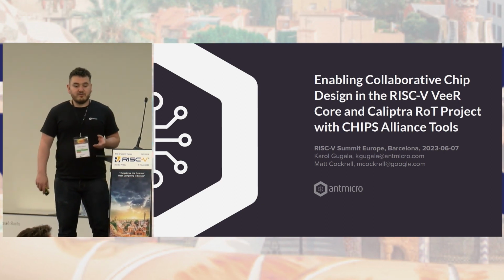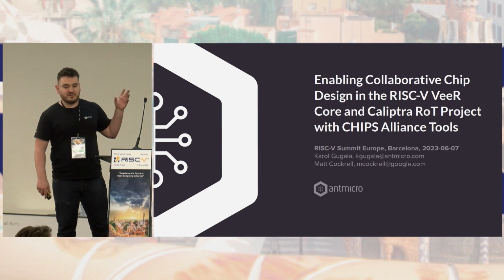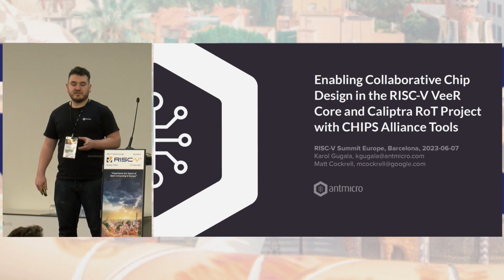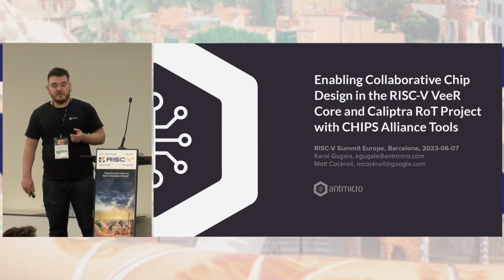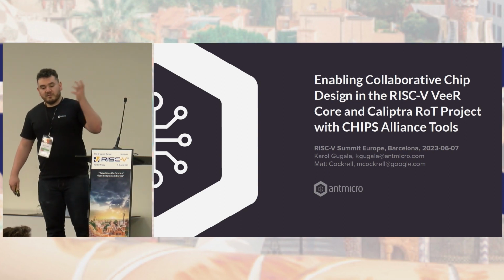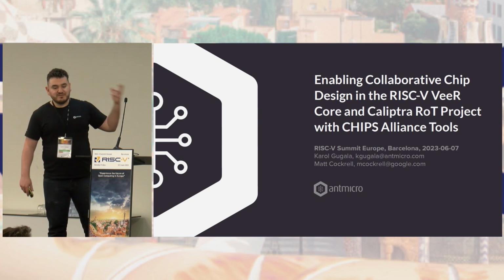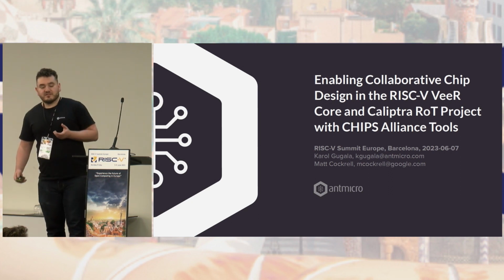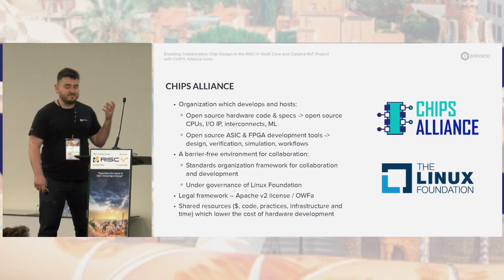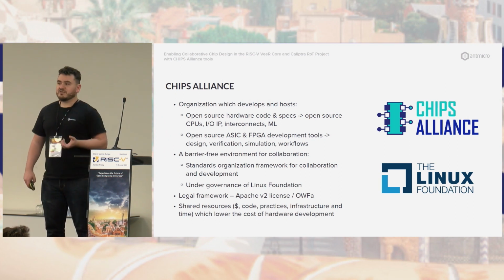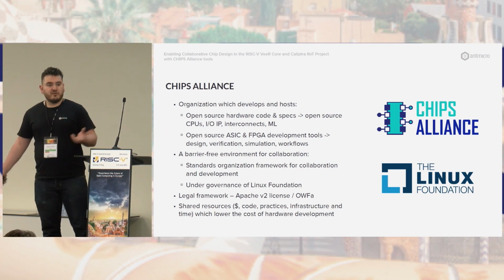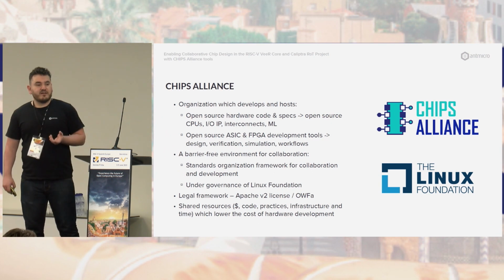Okay, so today I'm going to talk a few words about enabling collaborative chip design in open source with RISC-V VeeR core, within Caliptra project, within Chips Alliance organization. Chips Alliance is an organization focusing on enabling open source development of chips.